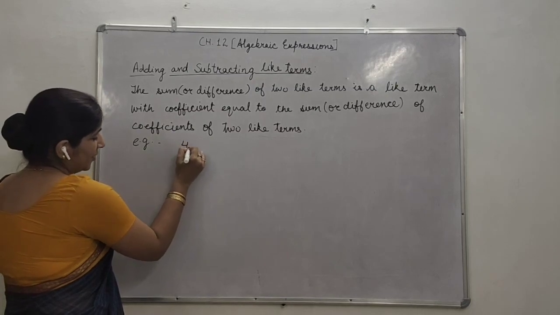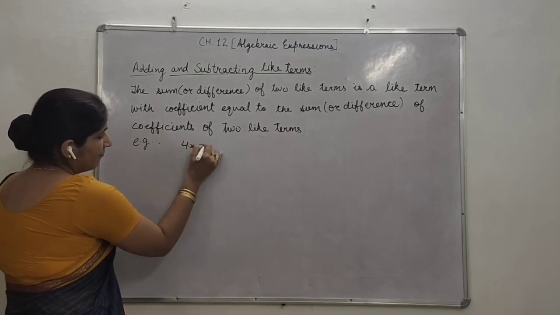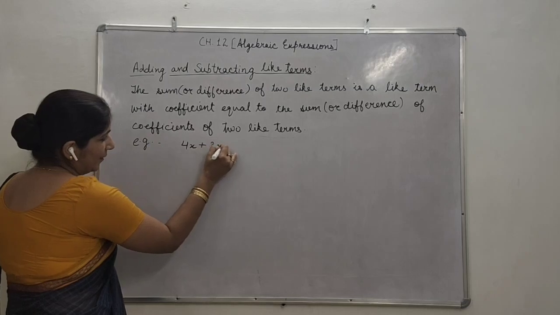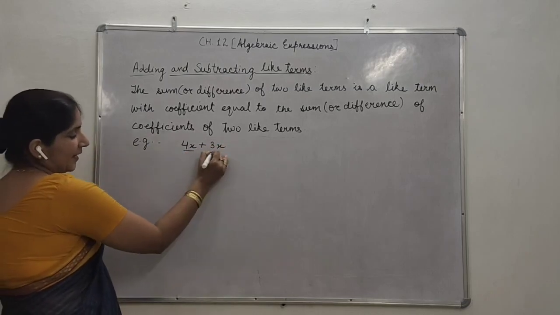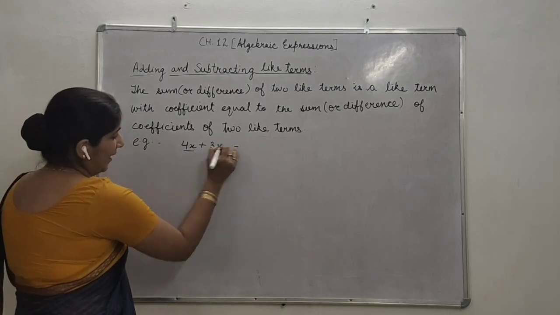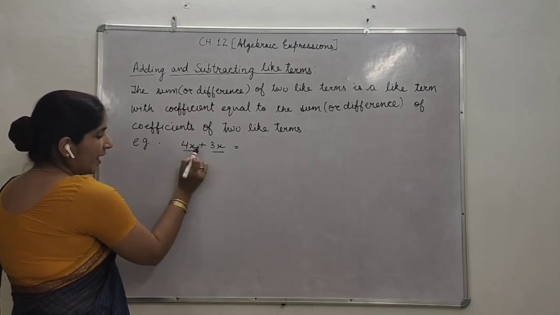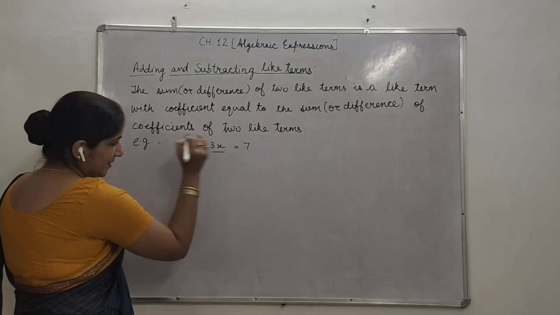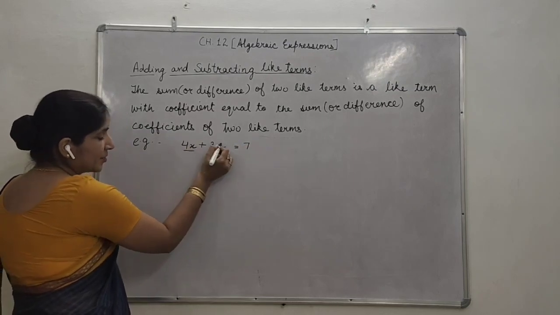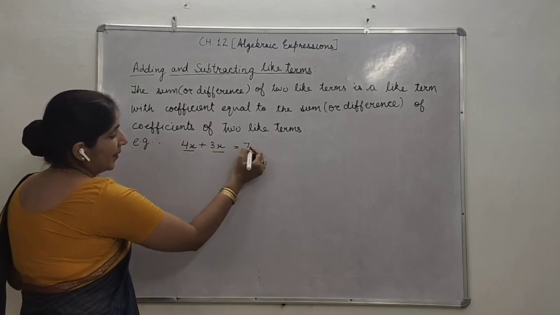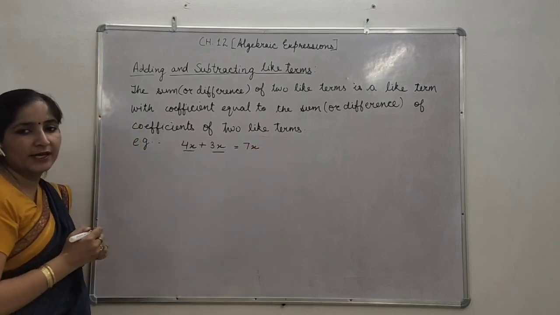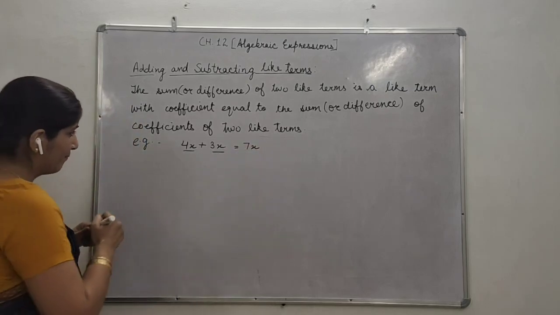One is for addition. First example, if we add these two like terms, suppose one is 4x and second is 3x. If we add, the coefficient here is 4, here is 3. So we will add these coefficients, the answer will be 7. And this algebraic factor will remain the same. So the result will be 7x.